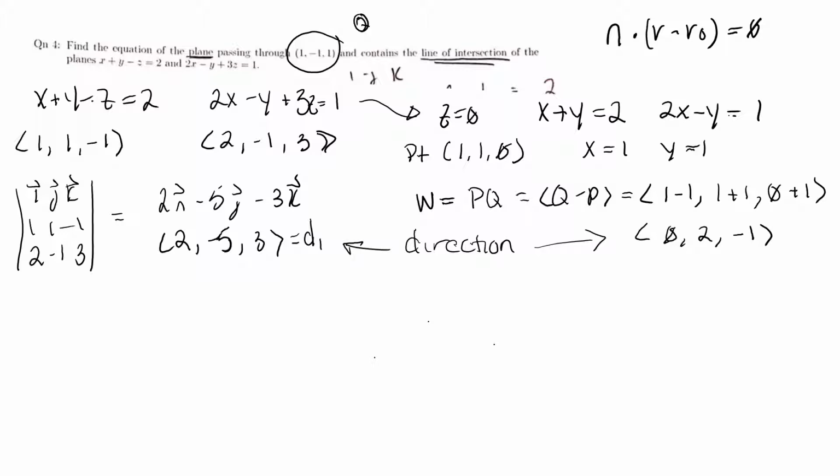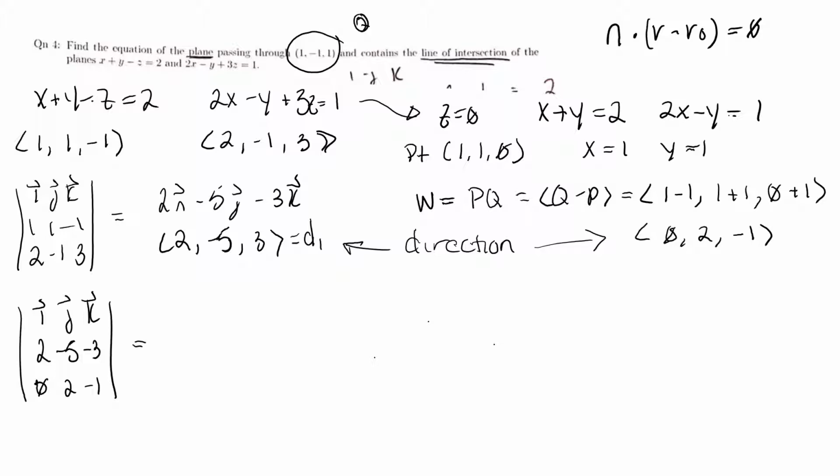We can go ahead and cross these to get a normal vector for the plane. So we do our cross product of (2, -5, -3) and (0, 2, -1).